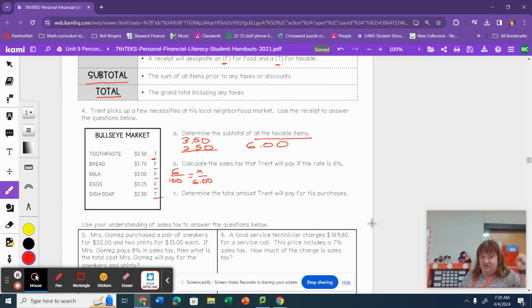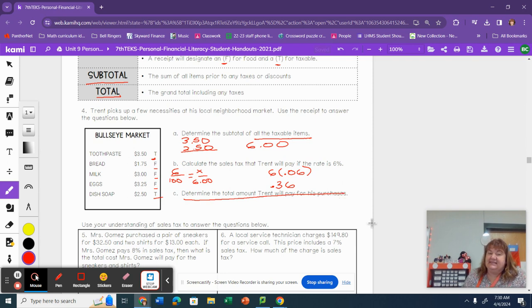Do your calculations, or you can just do 6 times 0.06. Okay, so go ahead and calculate that out on your dry erase board. And I hope you got 0.36.